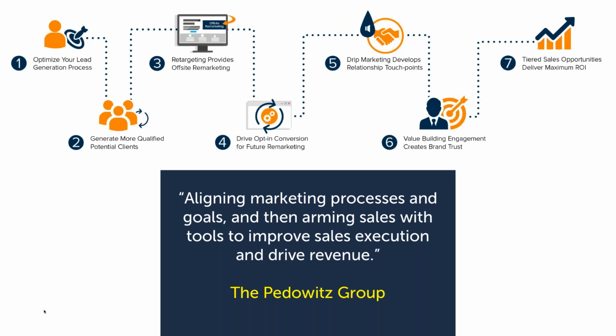If we look at the Pedowitz Group, they define it as the activity of aligning marketing processes and goals and then arming sales with tools to improve sales execution and drive revenue. So again, it's about this orchestrated effort between sales and marketing so that they have the right tools to do their jobs more effectively and therefore increase their revenues.